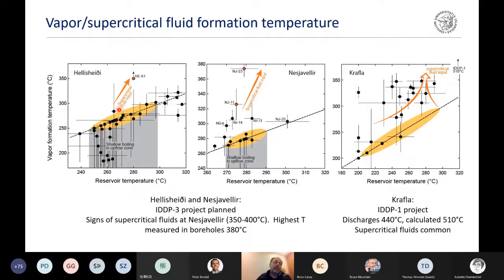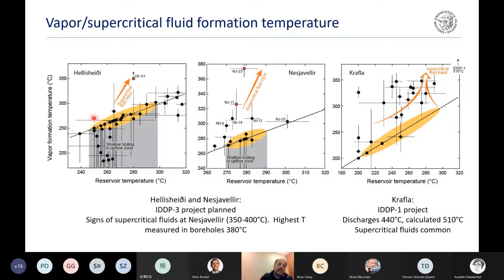If you have data points or calculated vapor formation temperatures above this, these are potentially caused by conductive heat transfer, or boiling by conductive heat transfer to the system. And if the temperatures are high enough, these could potentially represent supercritical or superheated conditions.